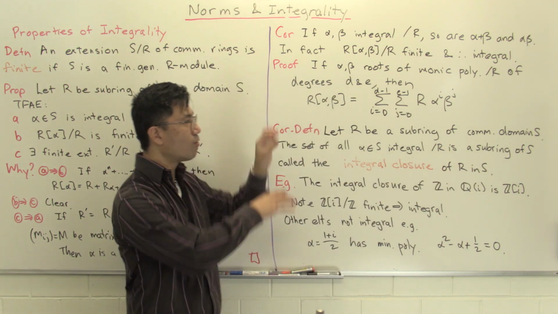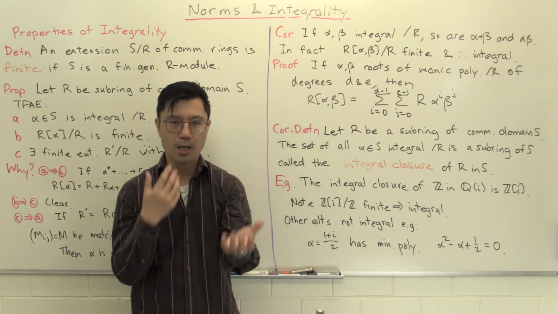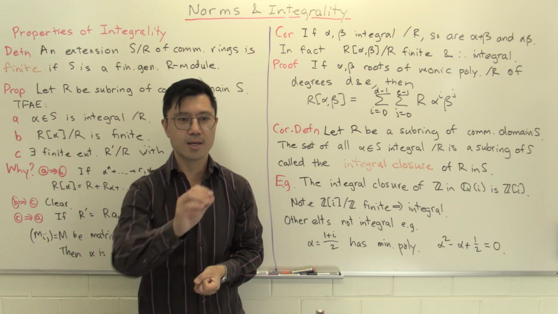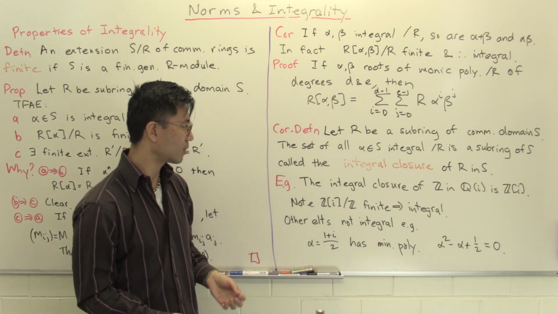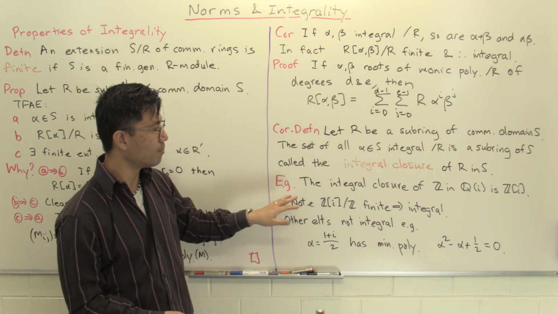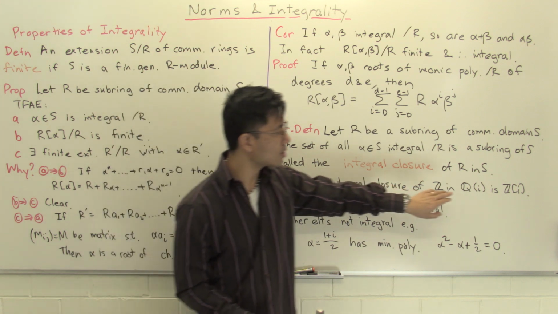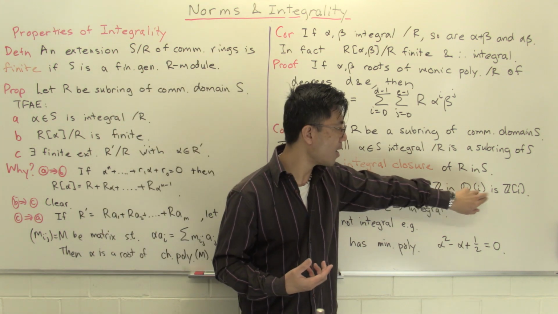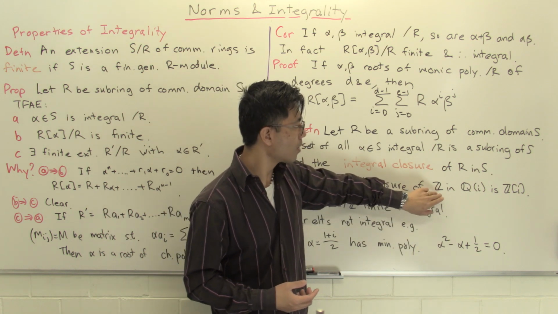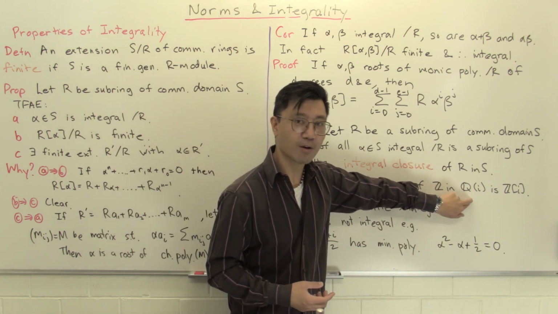Now we can use this more fancy theory to revisit this notion of Gaussian integers. Why is this the correct set of integers to look at in that case? Let's look at this example. We're going to start with this degree 2 field extension of the rationals, Q(i), and you start with Z, which is a subring of that.